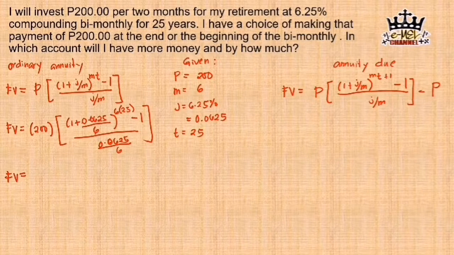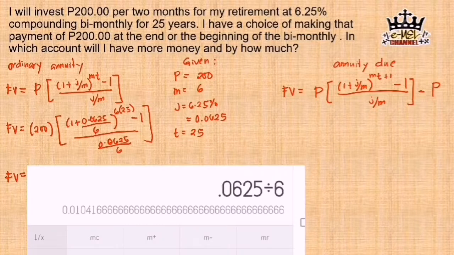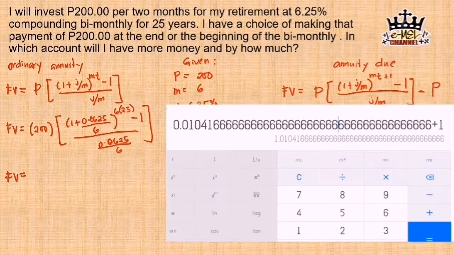First, we solve the numerator part, inside the bracket, over the denominator, which is in the form of a fraction. Get the quotient of 0.0625 divided by 6. The answer is 0.0104166 and so on. Plus 1, the answer is 1.010416 and so on.